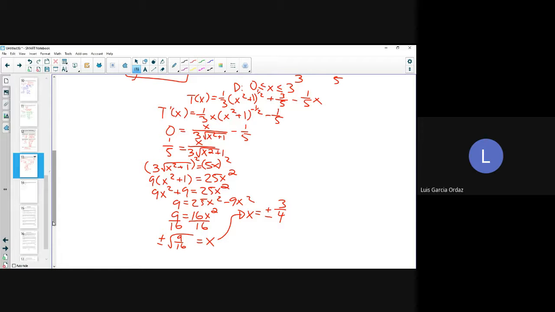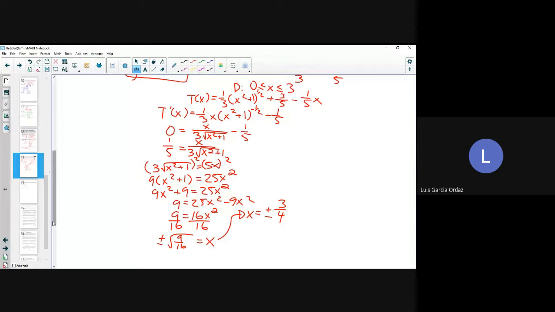Can I take both answers, or is one of them going to be inadmissible, and why? So can I take both roots, or is one of them inadmissible?